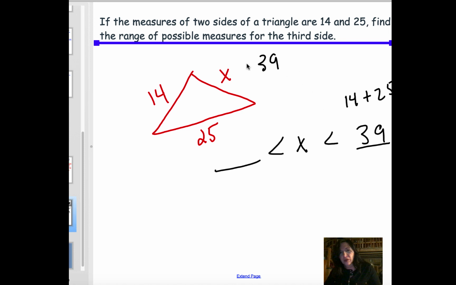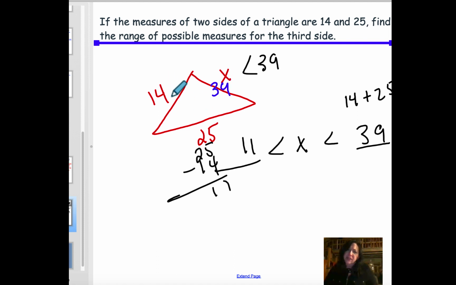And then greater than, now you're going to talk about the difference. So 25 minus 14, and that's 11. So it's got to happen in between 11 and 39. Because think about it, right? If the sum of the two sides has to be greater than the third side, if this side was 39, these two sides, when you add them up, are going to equal 39, and therefore that wouldn't even be a triangle.